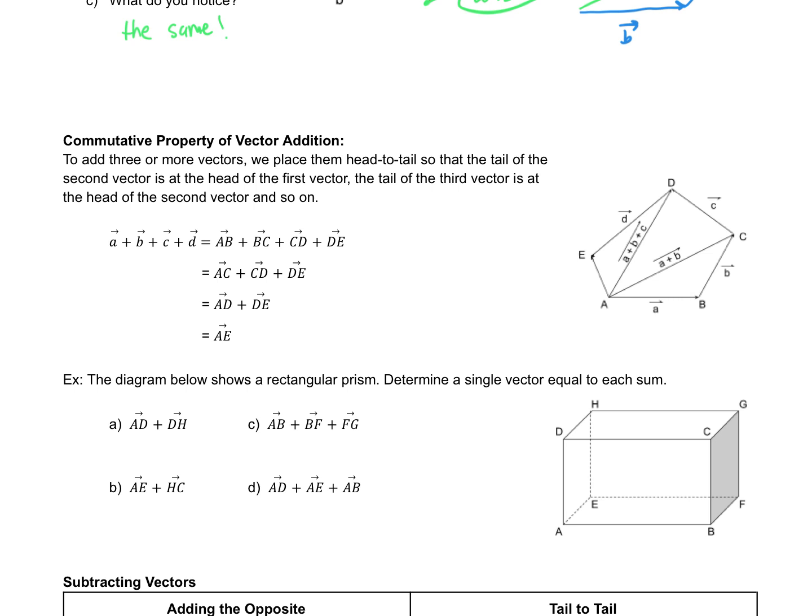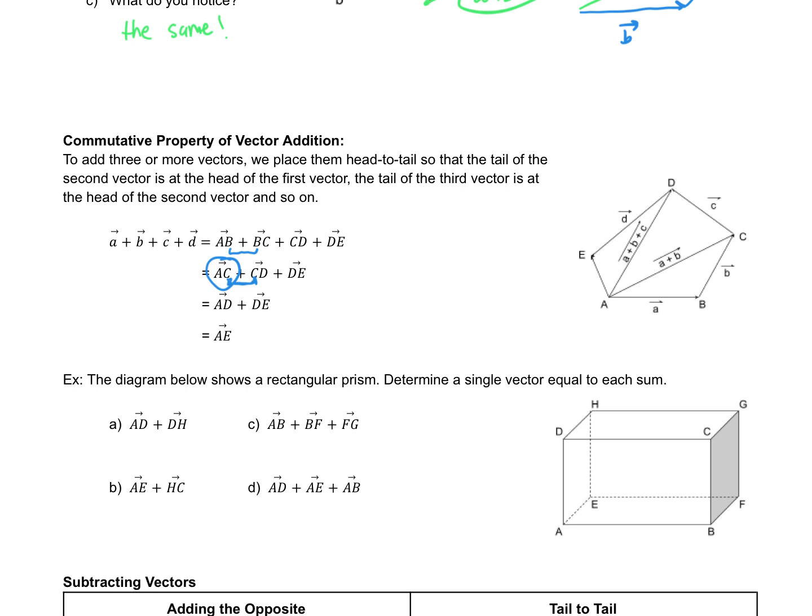And if you look here, even looking at the equation itself, or the letters, you can see the head is lined up with the tail because the B's are beside each other to get this resultant. Then when I add AC with CD, again, I notice that the C's are head to tail.